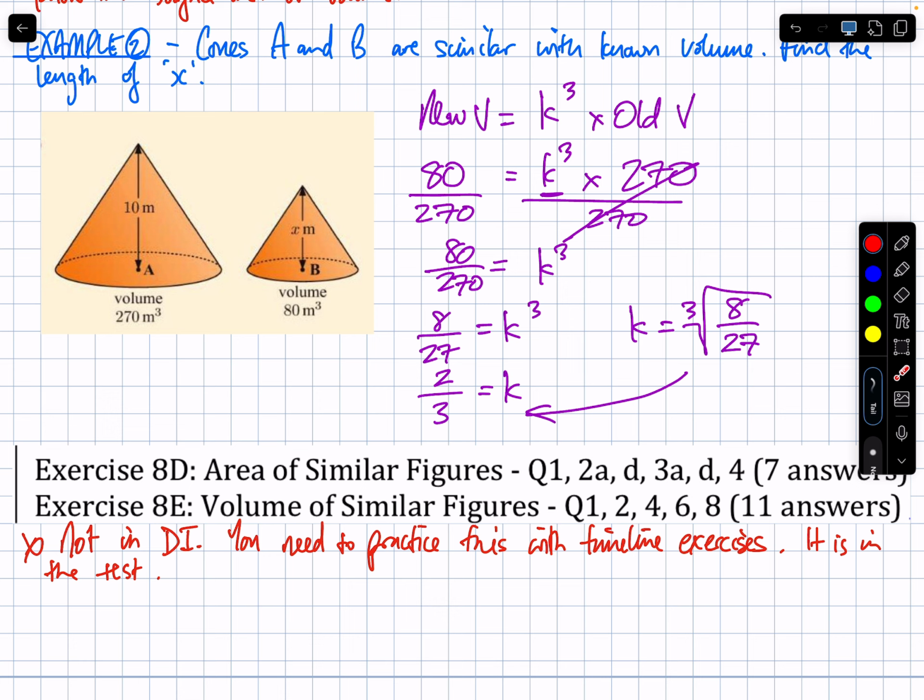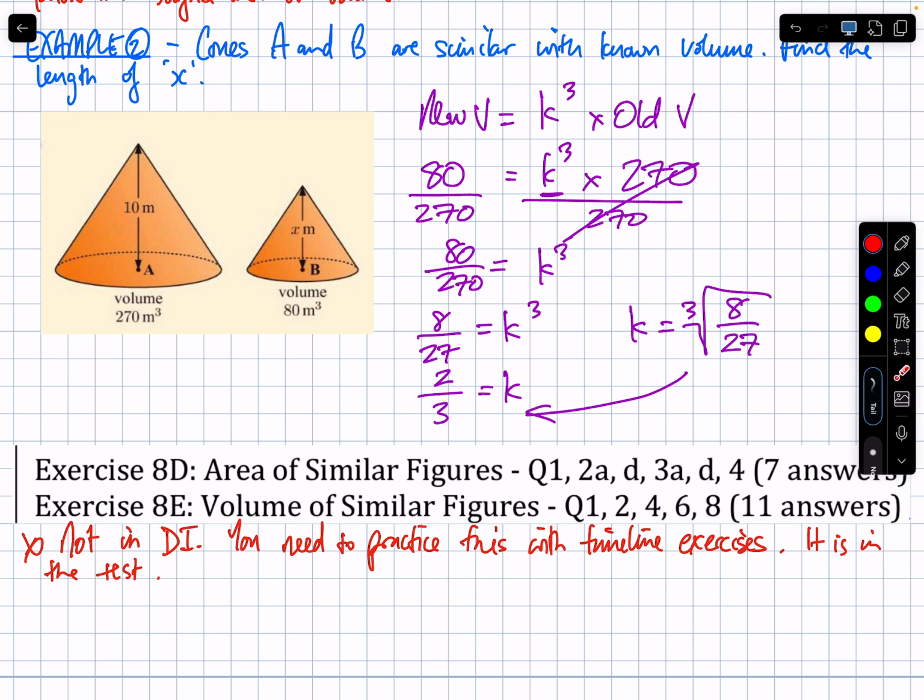So how could I find what x is? What did the measurement used to be? It used to be 10 meters. How do I find 2/3 of 10 meters? How do I find half of 10 meters? What would I times 10 by to get half of it? Good. Is 2/3 a fraction? I just times it.